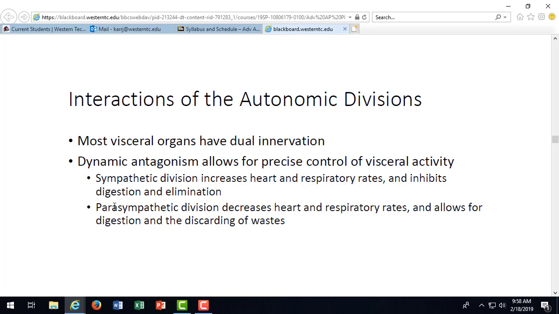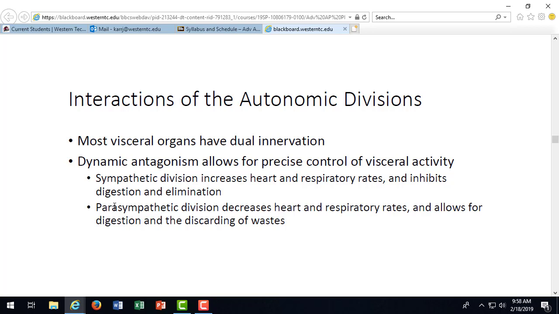Okay, so most of our organs have receptors for both parasympathetic and sympathetic neurons. So they can bind either acetylcholine or norepinephrine depending on which is dominating, right? Which is being released more, which is being stimulated more. So dual innervation means both neurons stimulate the same organ, but it depends which is dominating what the effects are. If the sympathetic is dominating, we're going to see increased heart rate, respiratory rate, less digestion and elimination, right?